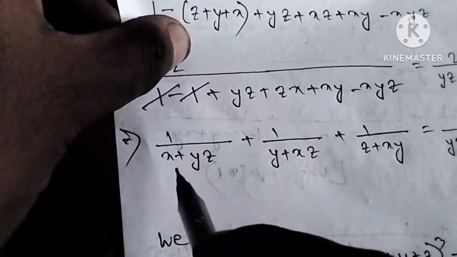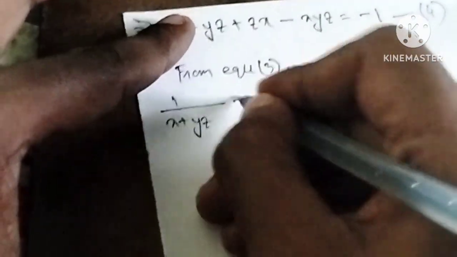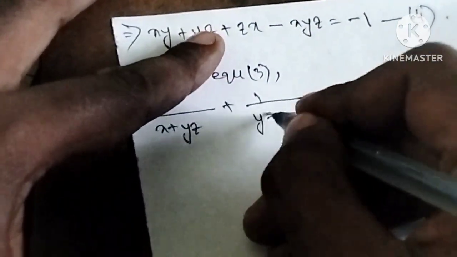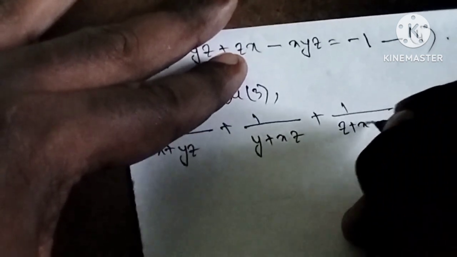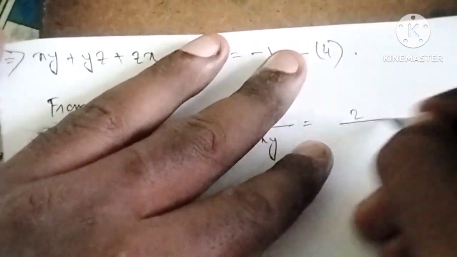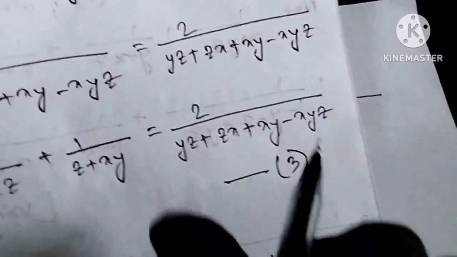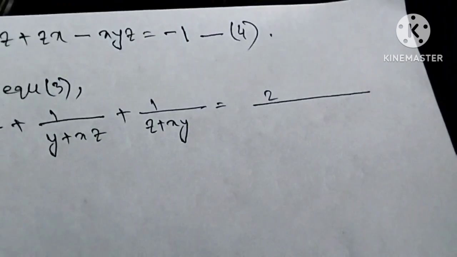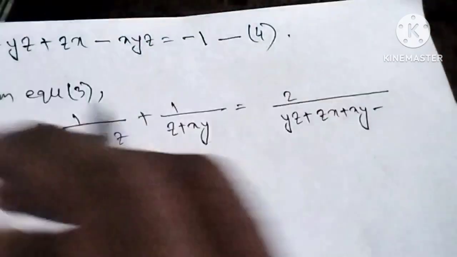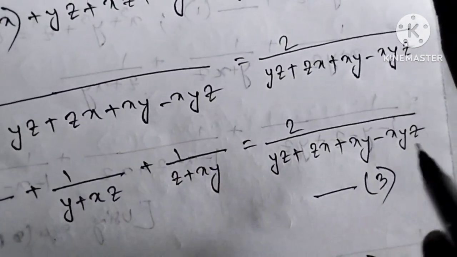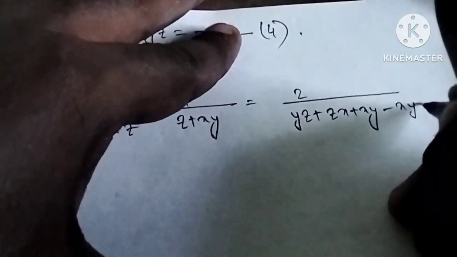Equation 3 was this one, 1 by x plus yz plus 1 by y plus xz plus 1 by z plus xy is equal to 2 by yz plus zx plus xy minus xyz.